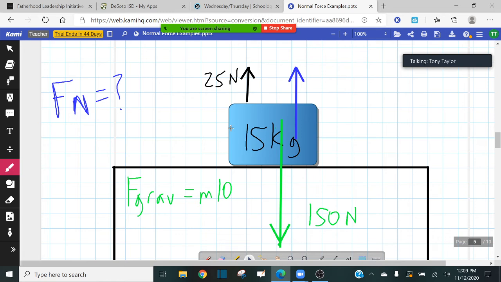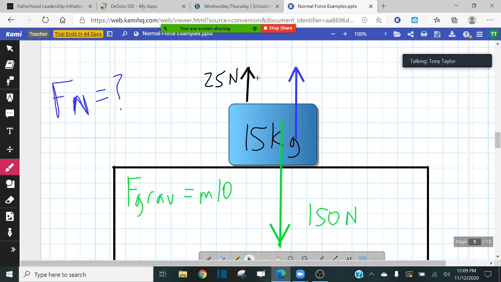So guys, someone tell me what has to be the magnitude of this force here such that if you combine these two forces, you get 150 newtons for your down force. Anyone? Come on, guys, you have to know how to do this. What has to be the magnitude of this force here?